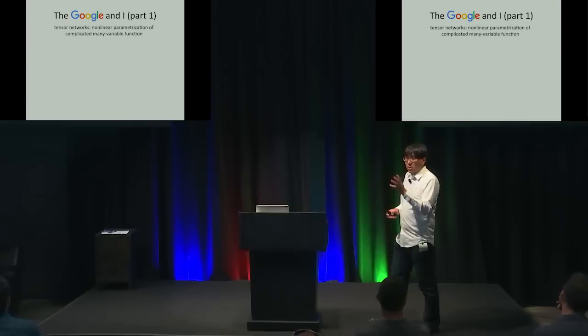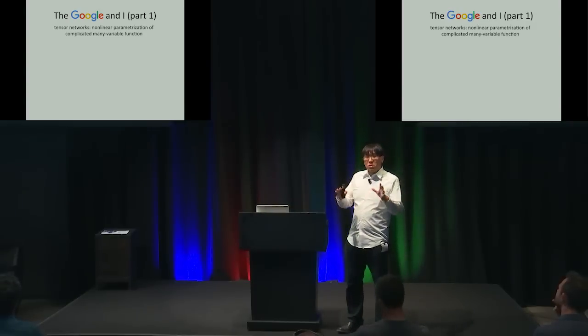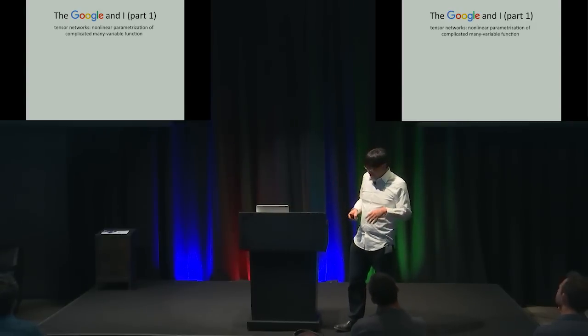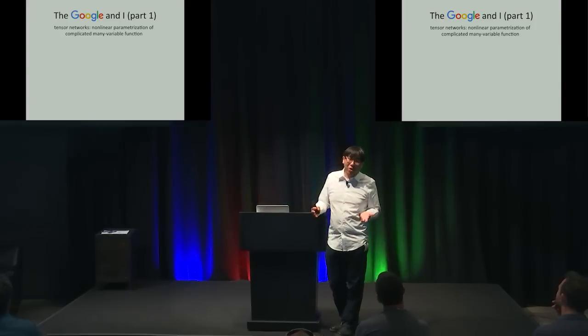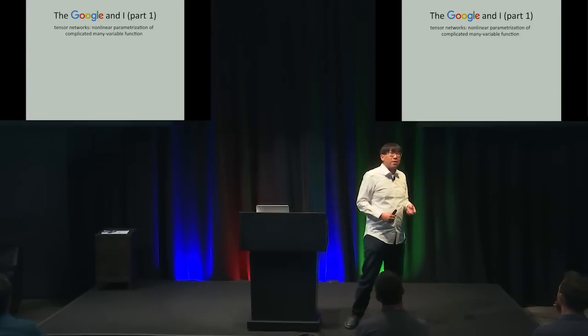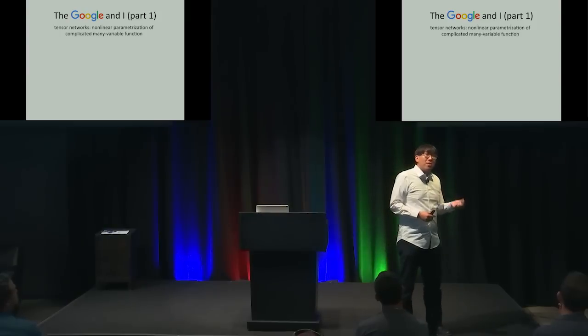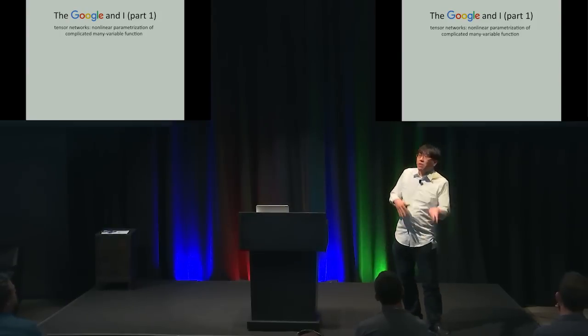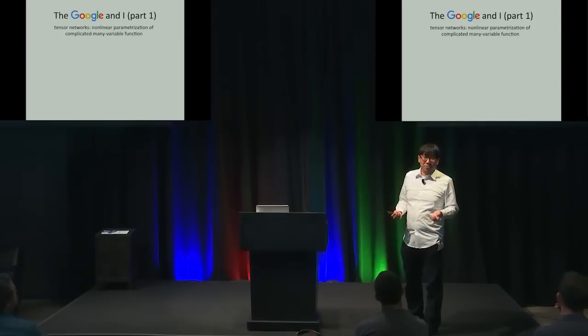If I take tensor networks and I describe them, which was this way I wrote down the wave function, right? And I describe them just in an abstract mathematical way, then they represent the nonlinear parameterization of a complicated many-variable function.